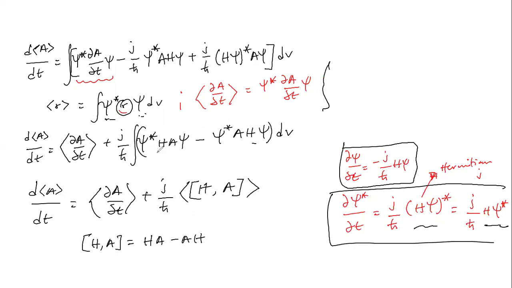Okay, so we can say that this expression is the expectation value of AH. Looking at the difference between AH and HA, that shows us that there is the commutator. So it's more like the expectation value of the commutator.